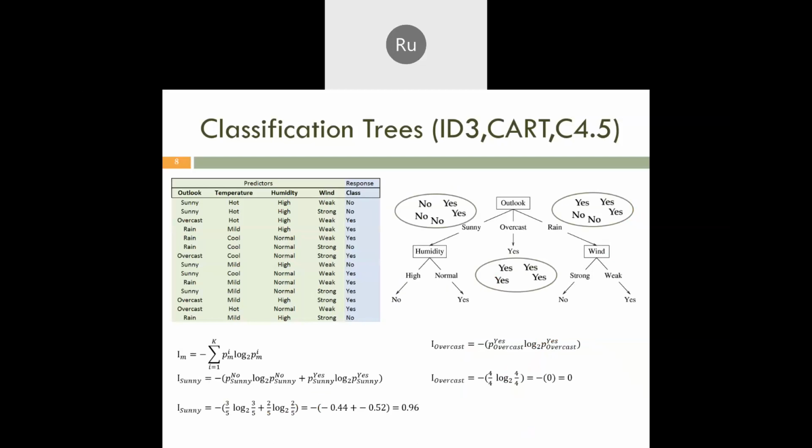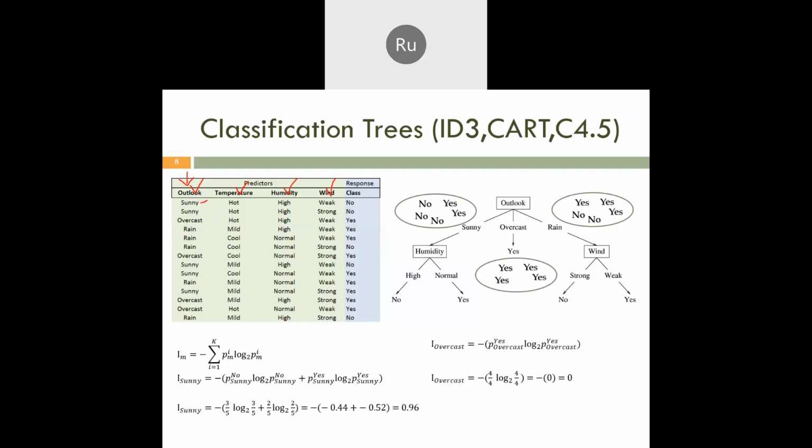This is another example. This is the data we have for deciding whether we want to play or not. It depends on the outlook, the temperature, the humidity, and the wind. Let's suppose we take the outlook as the attribute we want to split our data on.